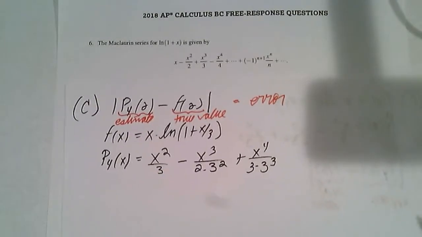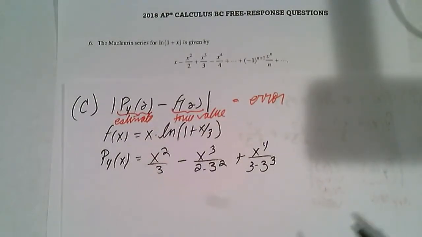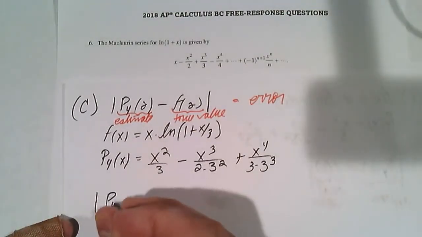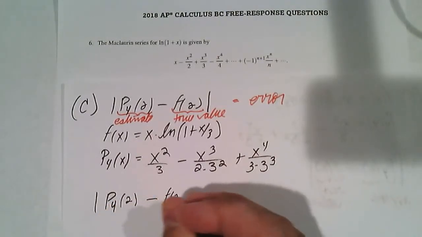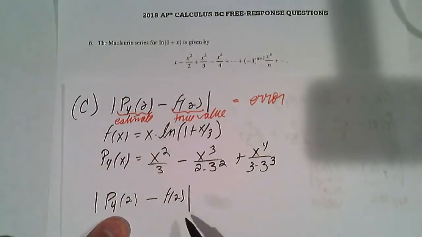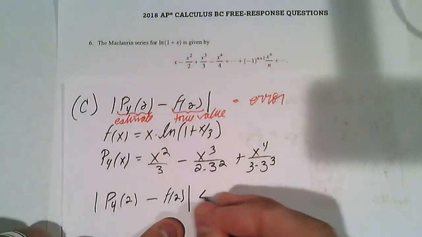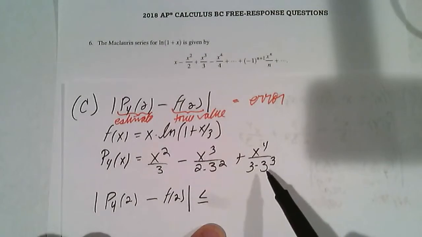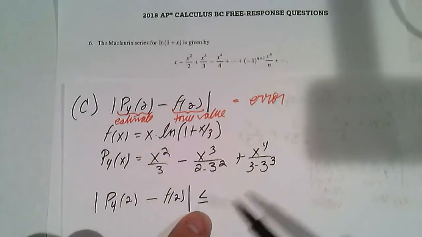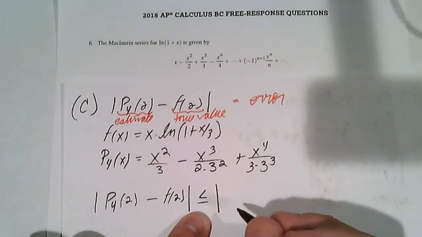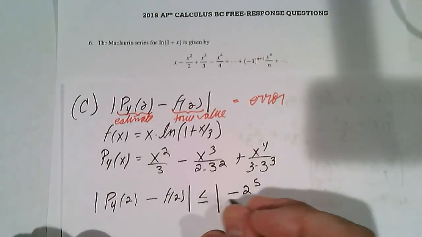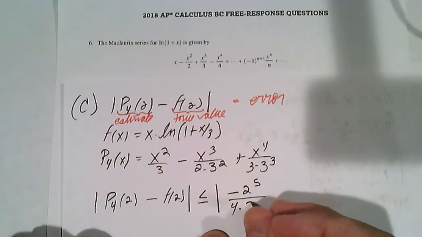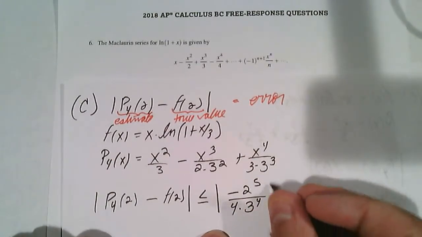Well, what happens with the alternating series error bound is that this value here, P4 of 2 minus f of 2, has to be less than or equal to the next term in my series expansion evaluated at 2. So that has to be less than, what was that next term? It was negative x to the 5th, so in this case, negative of 2 to the 5th divided by 4 times 3 to the 4th.